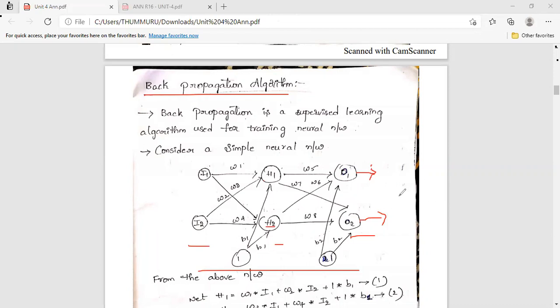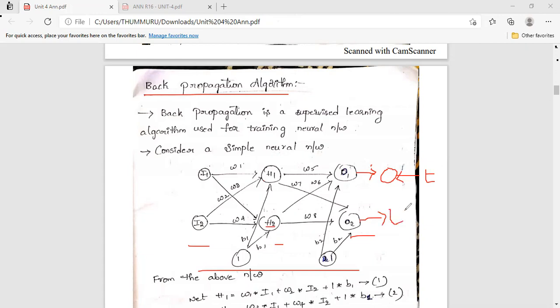Here we are going to calculate the error rate at this point. After the output layer, we are going to calculate the error rate. How do you calculate this error rate? By applying some target values to this particular node.